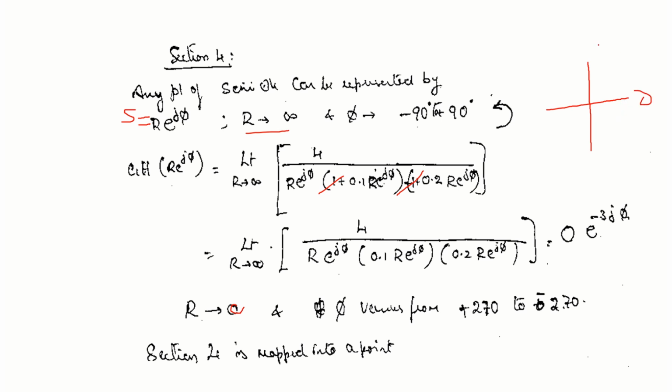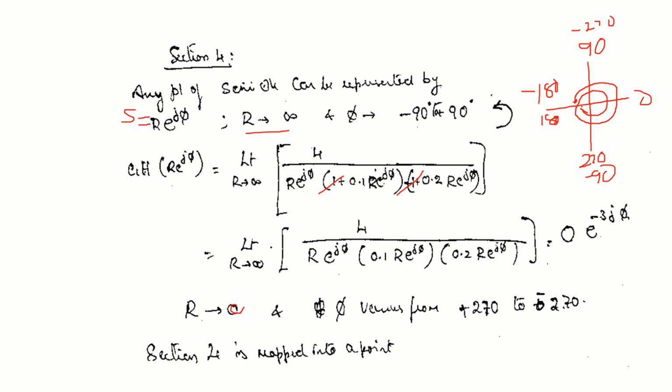Then totally 540 degree it should cover. So you know it is 0, 90, 180, 270, again minus 90, minus 180, minus 270. It starts at plus 270, right, like this. 540 degree I have to cover. I have covered 360 degree and it ends at minus 270 degree. That's how it is.